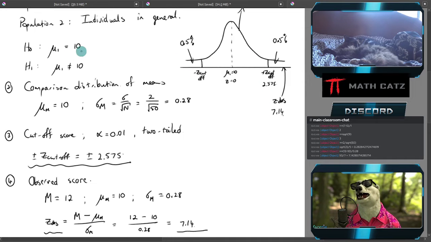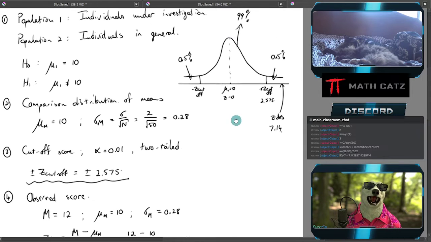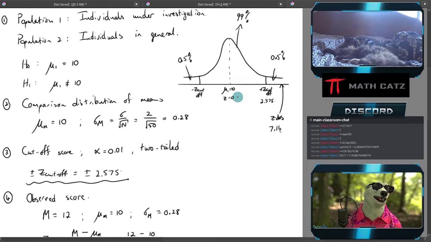So under the assumption, or let's say it like this, if I assume that the null hypothesis is true, then 99% of sample scores, sample means, observed scores, will fall within these cutoffs. 99% of the time, I'll just get that. Now I get something outside of that.